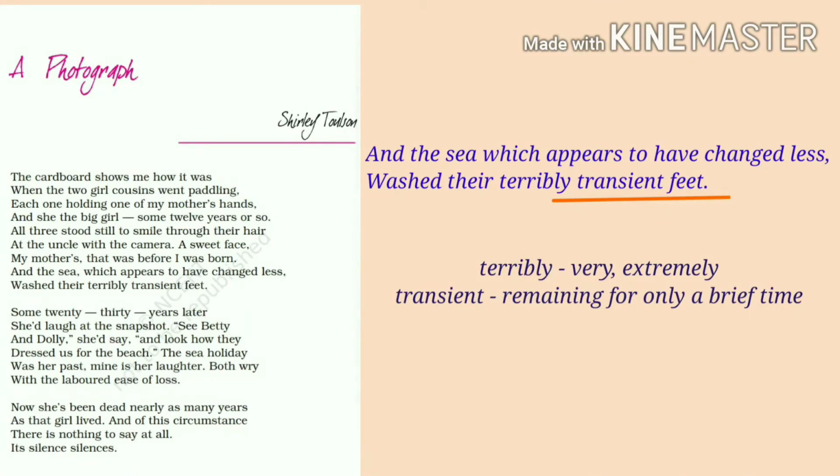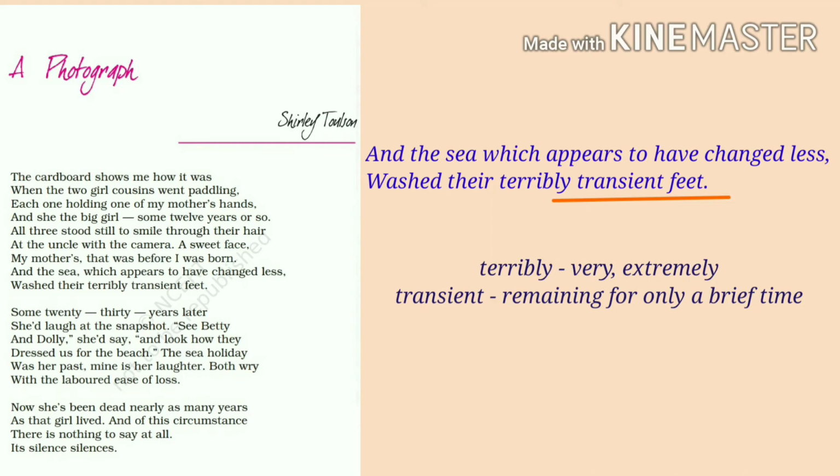First stanza, eighth and ninth lines. See the word meanings given here. Terribly means very, or extremely. Transient means remaining for only a brief time, or temporary. And the sea, which appears to have changed less, washed their terribly transient feet.